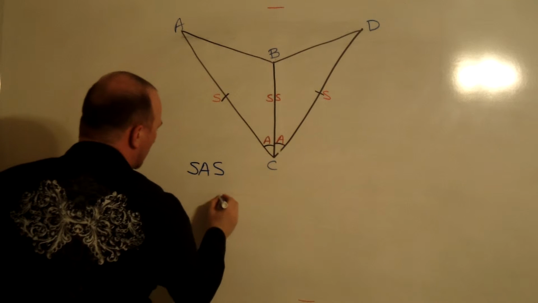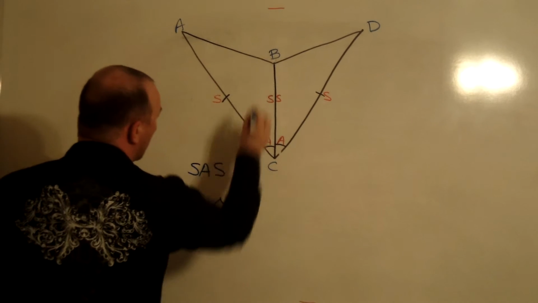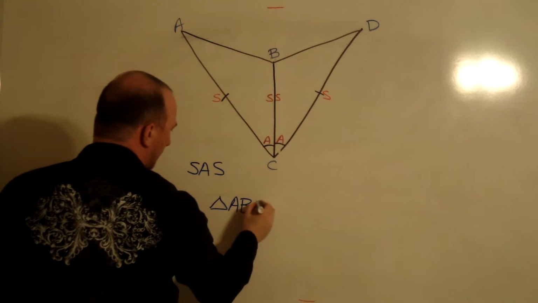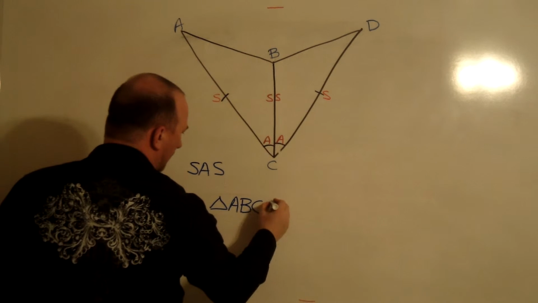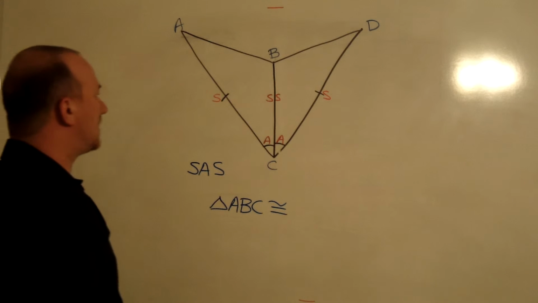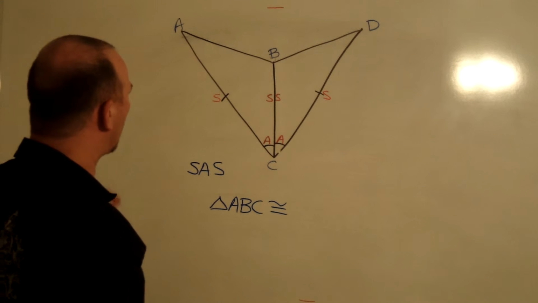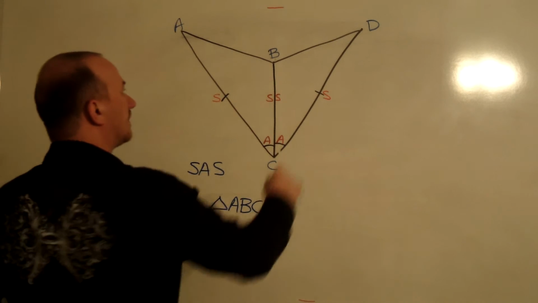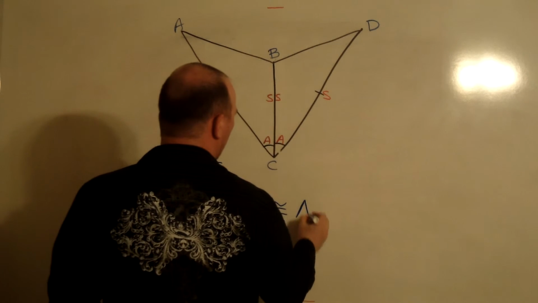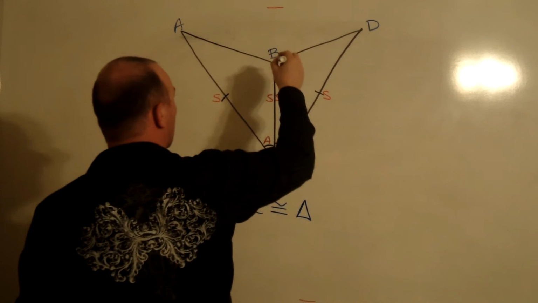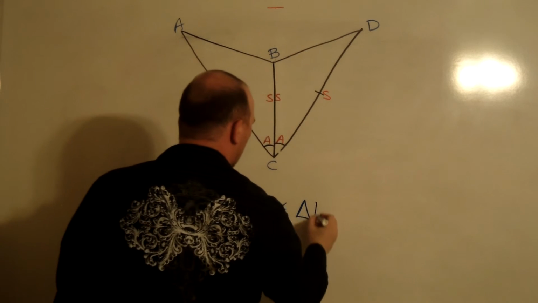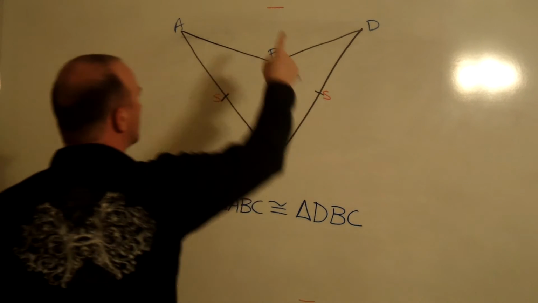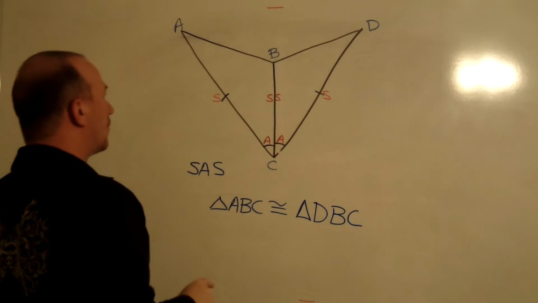And the two triangles, let's write the first one, triangle ABC is congruent to, and we have to look to make sure that we take this in the same order. A, B, C, we have to make sure that it's triangle D, B, C. Just to make sure that the order is the same.